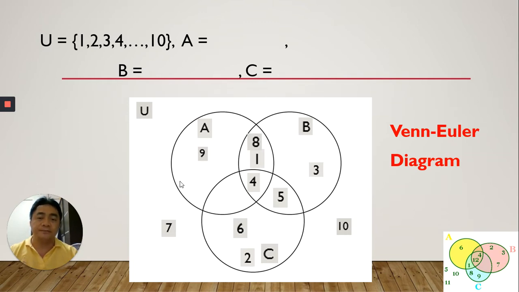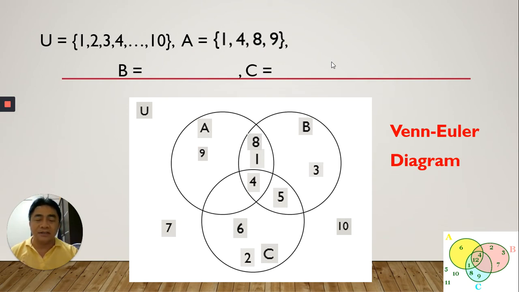For set A, all the elements inside this circle represent set A. So we have there 1, 4, 9, 8, or 1, 4, 8, 9.